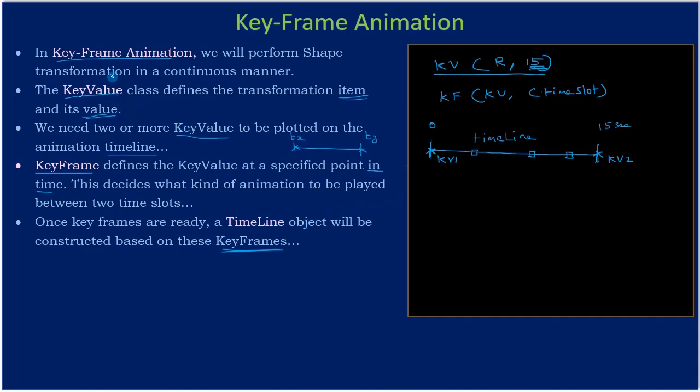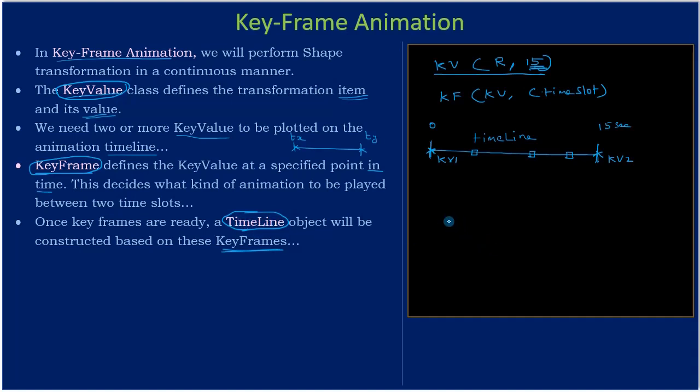So here we are talking about key value, that's one thing. Then we are talking about keyframe. To construct keyframe, we need key value. Then using the keyframes, we can construct a timeline. So this is the timeline of animation we can call.